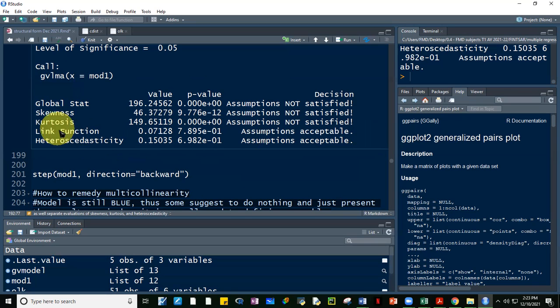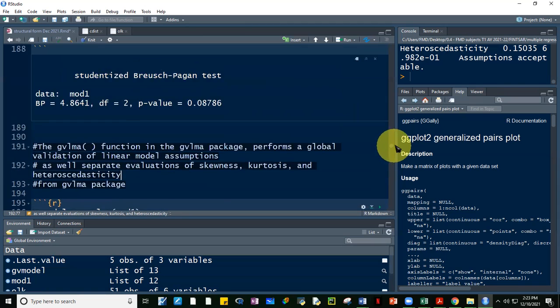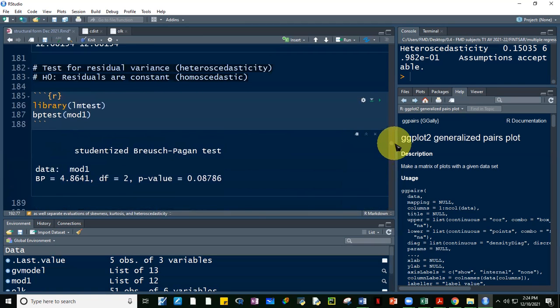Here, using the GVLMA test, our residuals are constant. Skewness and kurtosis are measures of normality, whether our data is normally distributed.